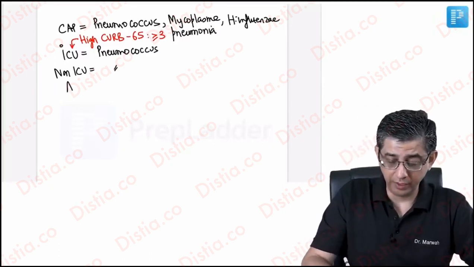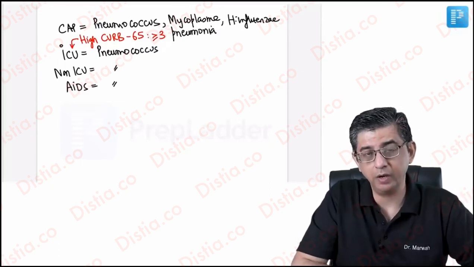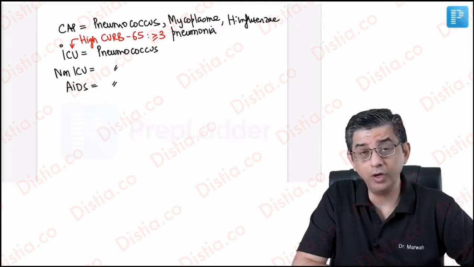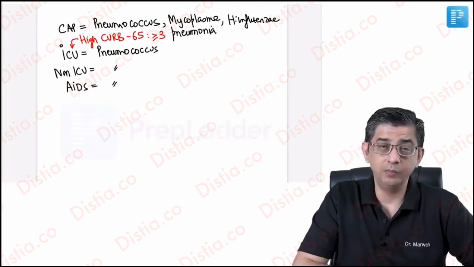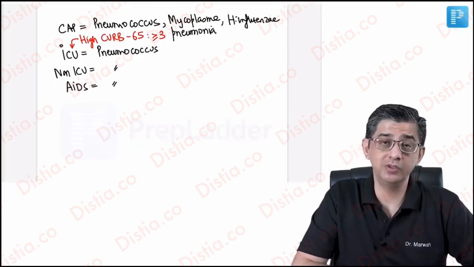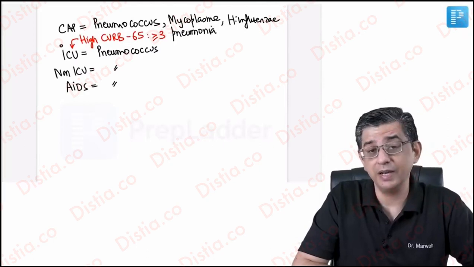The AIDS fact I've already explained to you. Obviously, you need to have findings of lobar pneumonia. You need to have mucopurulent sputum present, because in Pneumocystis jirovecii you don't have mucopurulent sputum, and most of the time there is paucity of lung findings. I would also suggest you listen to the Pneumocystis jirovecii discussion separately in the infections component, where I've highlighted this aspect.